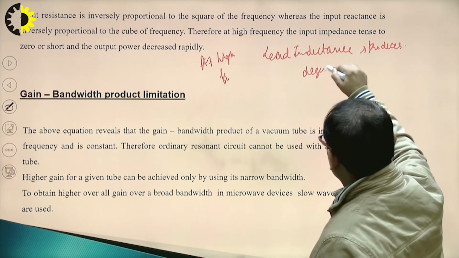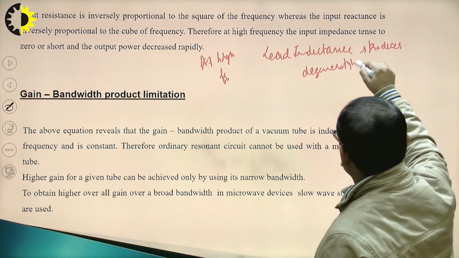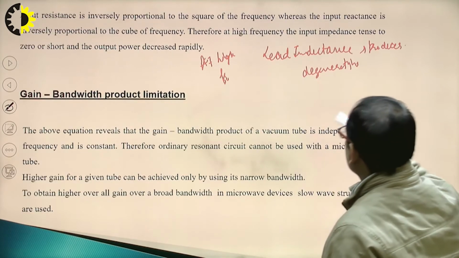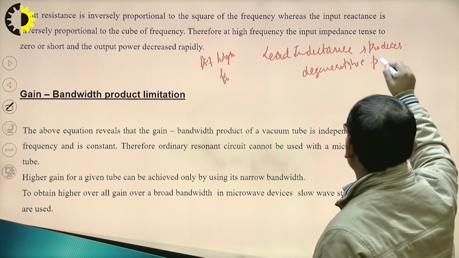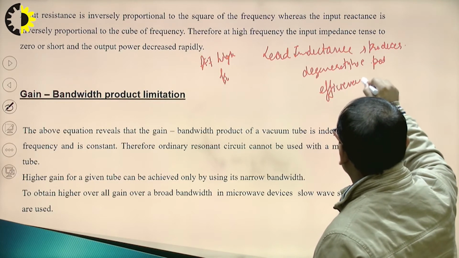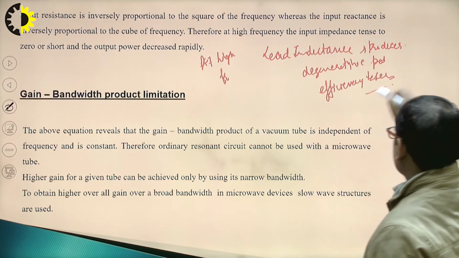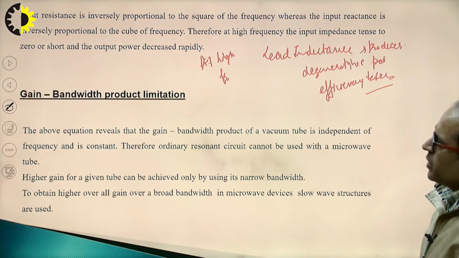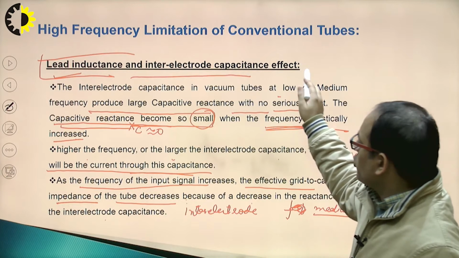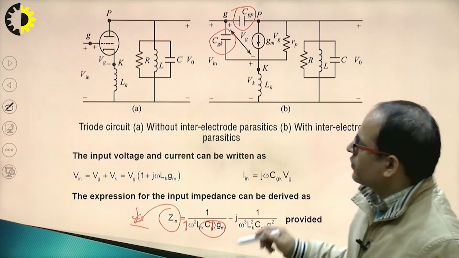A degenerative feedback path. Due to the degenerative feedback path, we will see that efficiency reduces. Clear? So that's why we cannot use the vacuum tubes at very high frequencies.